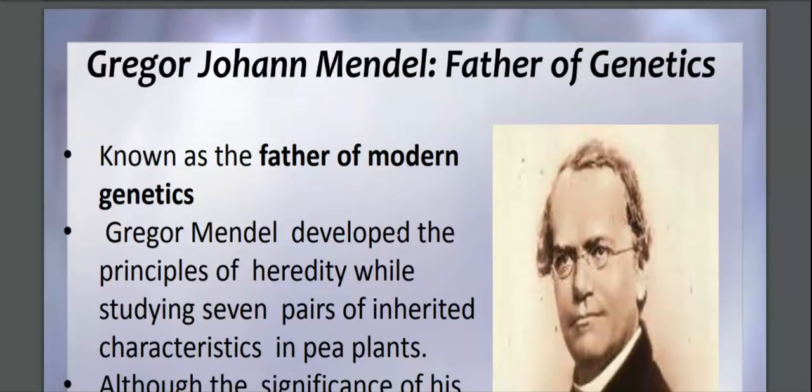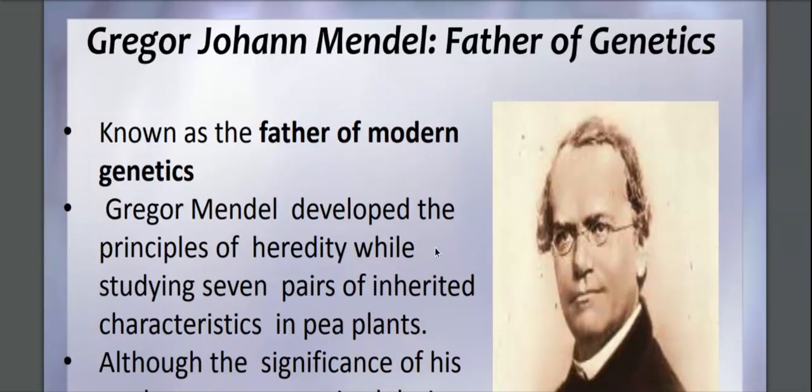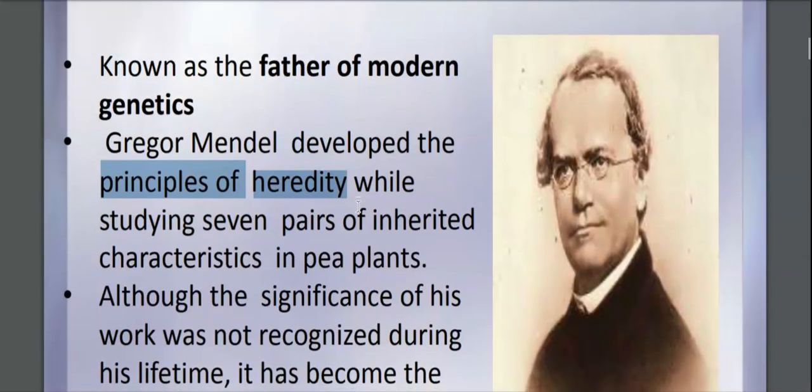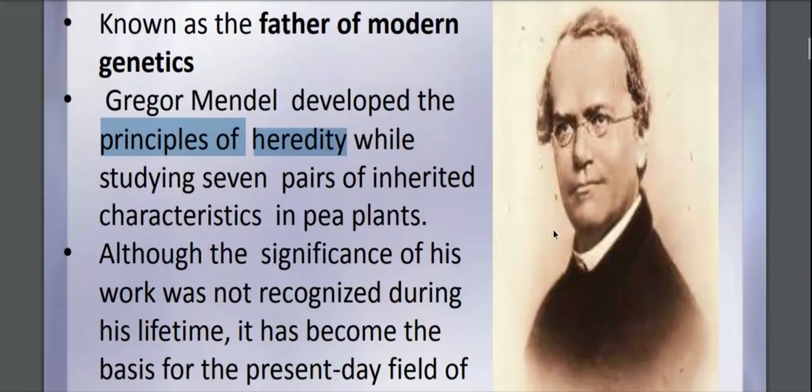Now we're coming to some of the very important concepts. And the first thing is, who was the person who is considered as the father of modern genetics? So it is Gregor Mendel, who gave the principles of heredity. And today we have different laws which we call as the principles of heredity because of this man.